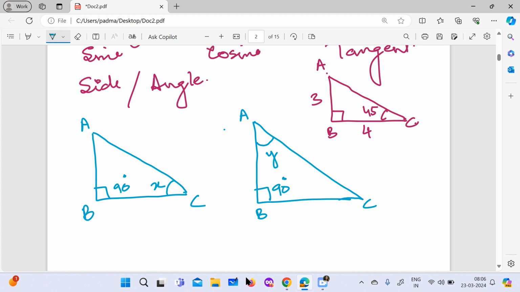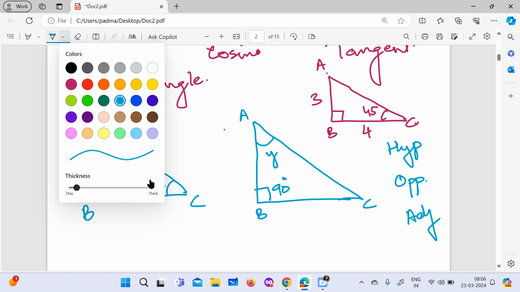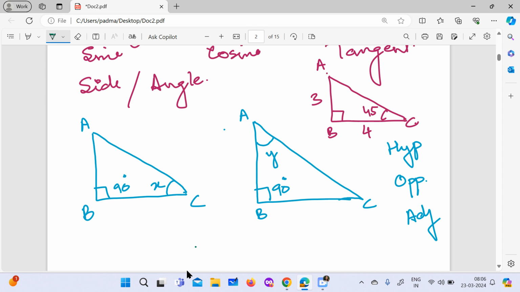Now what you have to understand is which is the hypotenuse, which is the opposite side, which is the adjacent side. So let's see how to work on this. In this triangle, you have angle X here. So we have to mark opposite and adjacent with respect to this X. Opposite to 90-degree is always your hypotenuse.